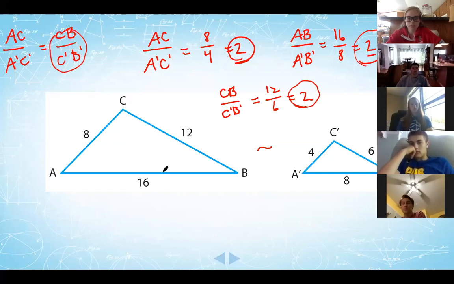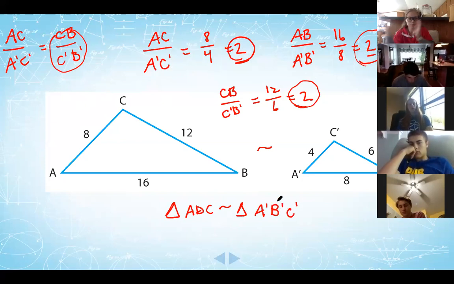So yes, I could write a similarity statement and say triangle ABC is similar to triangle A prime, B prime, C prime. So we're just working backwards. If triangles are similar, then their corresponding angles are congruent and their corresponding sides are proportionate.